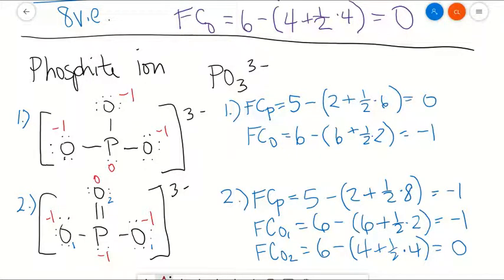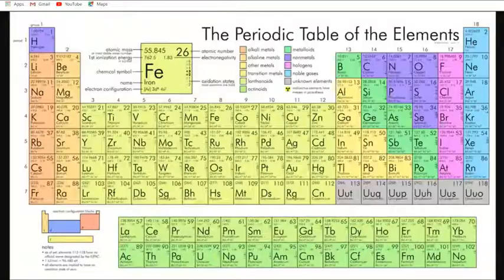All right, so now from these formal charges, we have to decide which one is the best. Structure 1 is going to be more reasonable because it has negative charge on the more electronegative element oxygen instead of phosphorus. So if we take a look here, electronegativity basically follows the same trend as ionization energy.